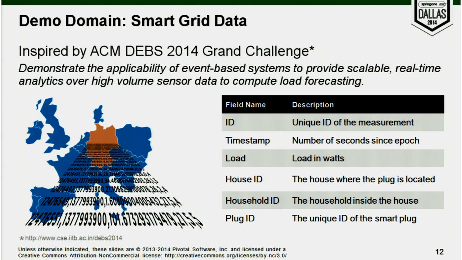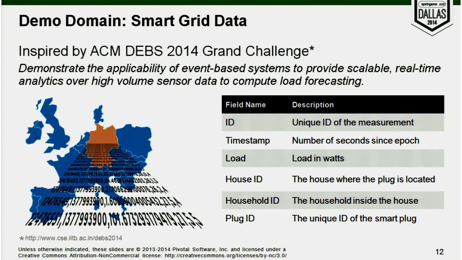The demo that I'm going to be showing tonight is based on, as I mentioned, smart grid data that happens to come from a grand challenge of the ACM this year. It's real data from 40 houses in Germany. And in those houses, there were these smart plug devices.